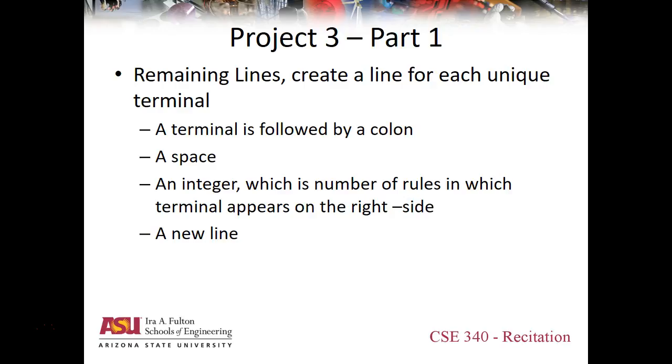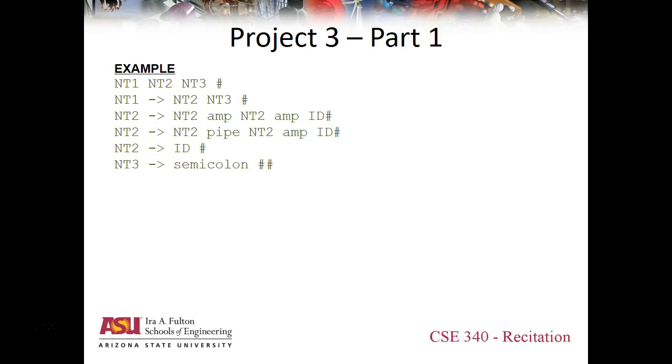So the remaining lines are dedicated to your terminals and seeing how often they show up. So the output style is a terminal followed by a colon and then a space, and then how many rules in which it appears. So this is different. If it appears 4 times in the same rule, that still only counts as once. And then at the end of each one, it's a new line.